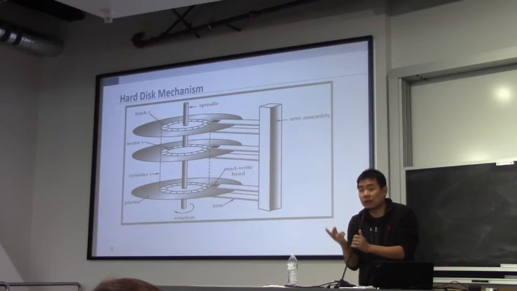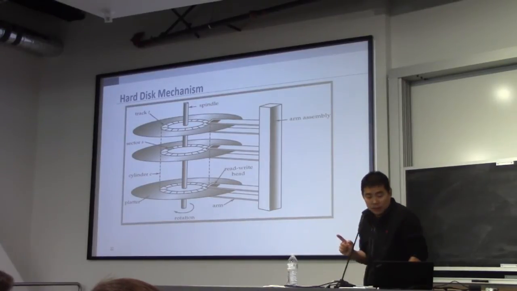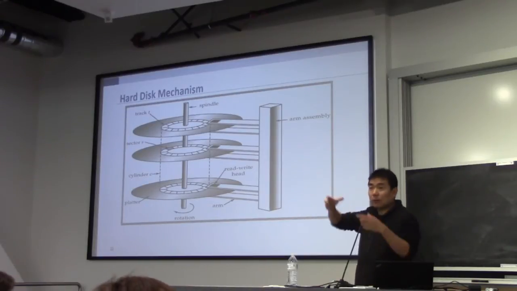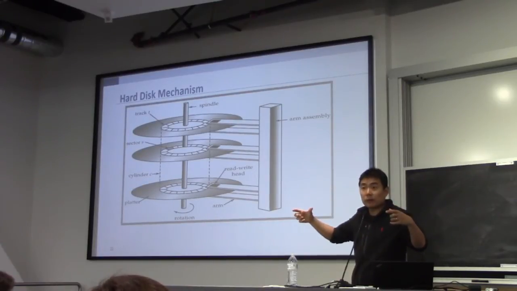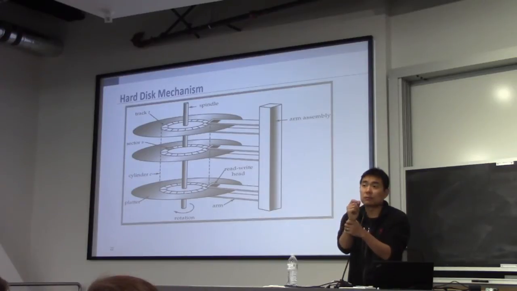North or the other direction, representing 1 or 0. Okay? And each surface, as I explained before, is organized into multiple tracks. Each track is nothing else but all these surface areas that have the same radius to the central spindle.